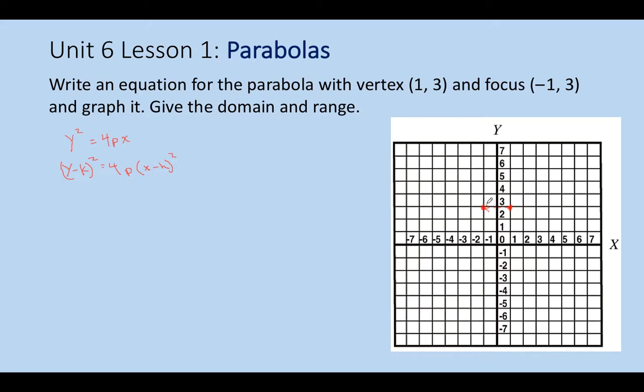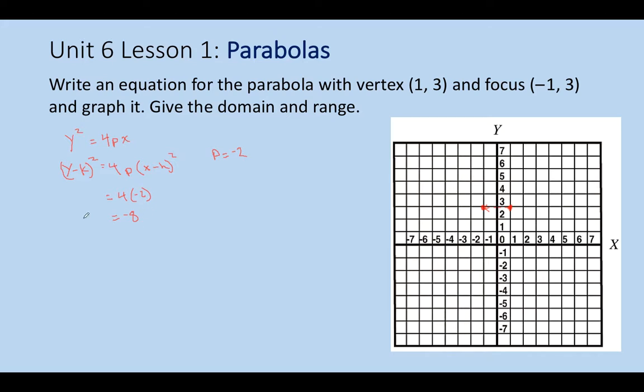So in a weird sense, it's like saying p is negative 2. So p equals negative 2. You can't have a negative distance, but we are going left. And so you can see that if I plug in negative 2, that gets me negative 8, a negative value here that is going to make it flip and open up to the left.